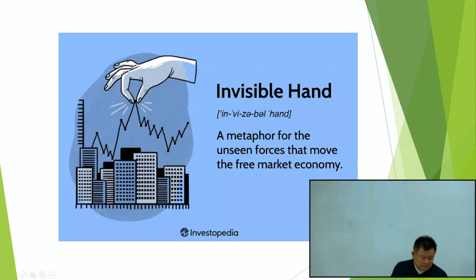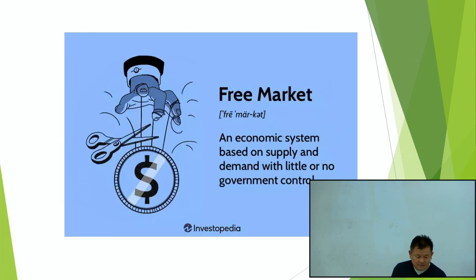And also the invisible hand moves the free market economy, as I said. So the free market is some kind of economic system based on demand and supply, with no government rules, no government control.